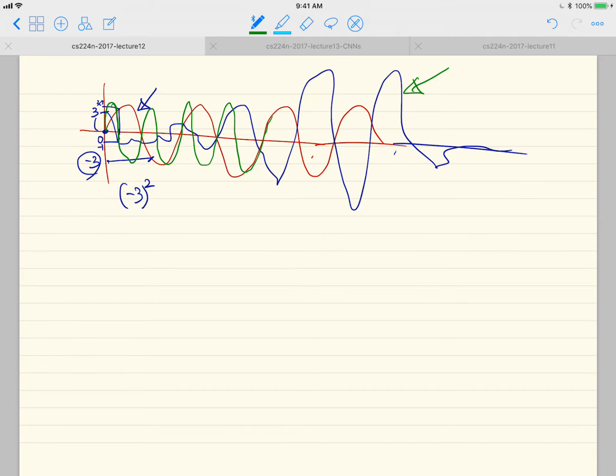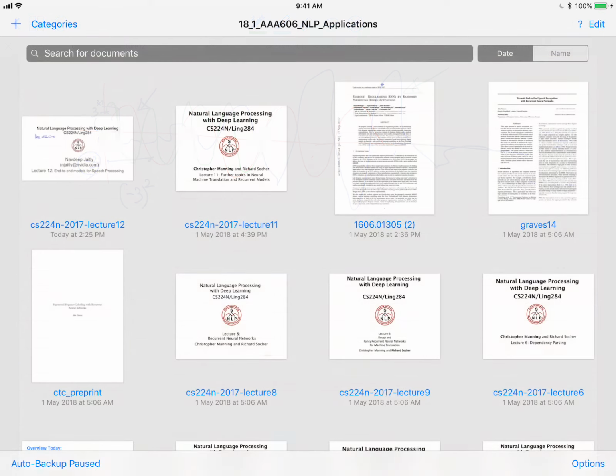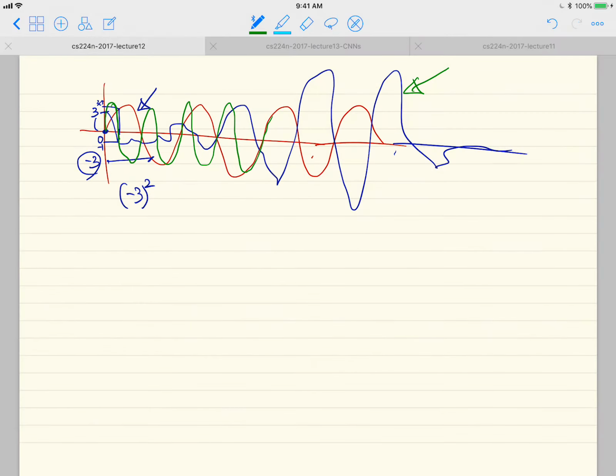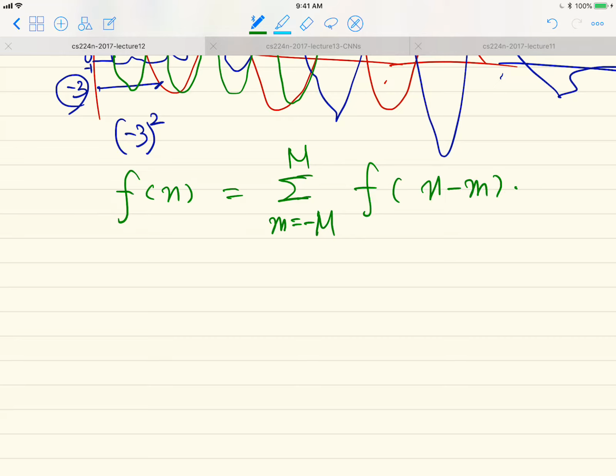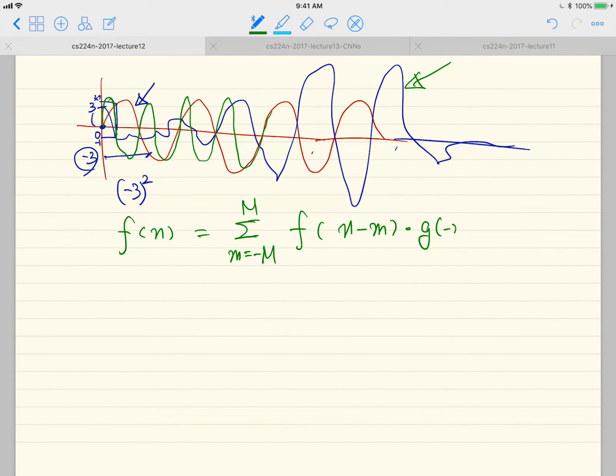I forgot where I saw it, but have you seen this kind of thing? The sum over m of f of n minus m times g of negative n, right?